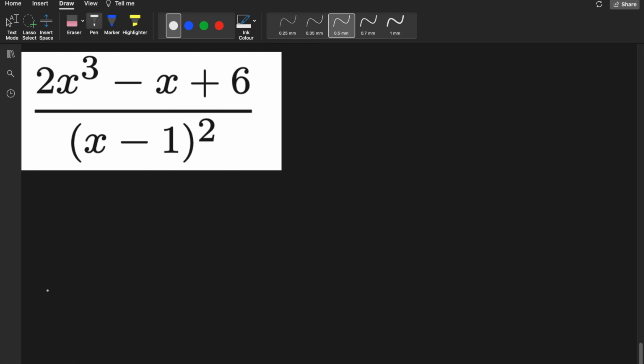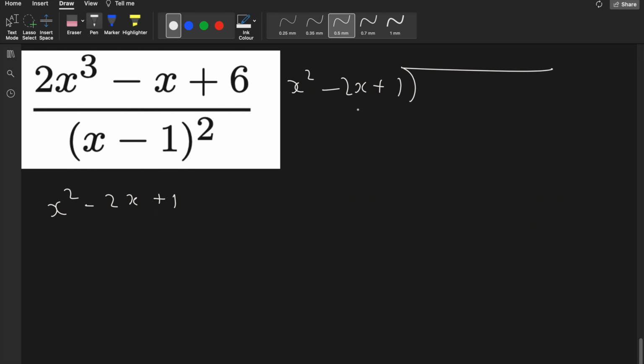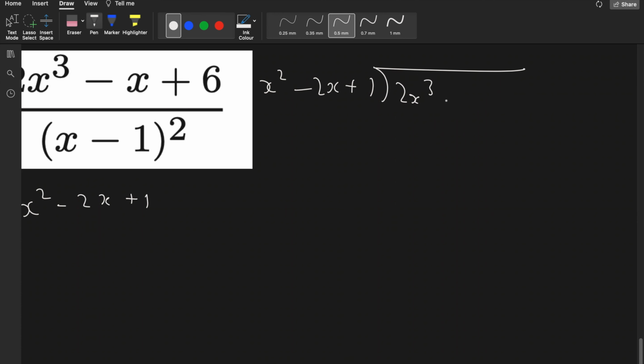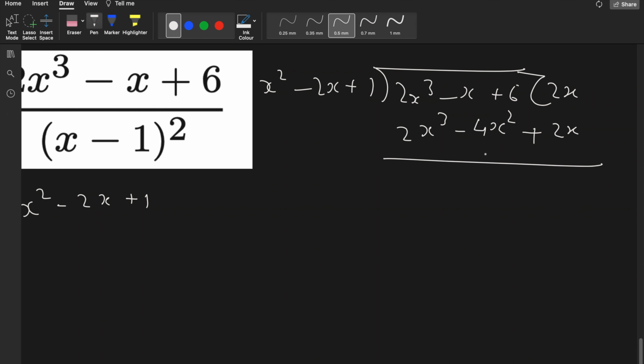First let us expand x minus 1 whole squared, which is x squared minus 2x plus 1. Then write the divisor here and close by the symbol with the dividend inside. So it will be 2x. Now let's subtract.